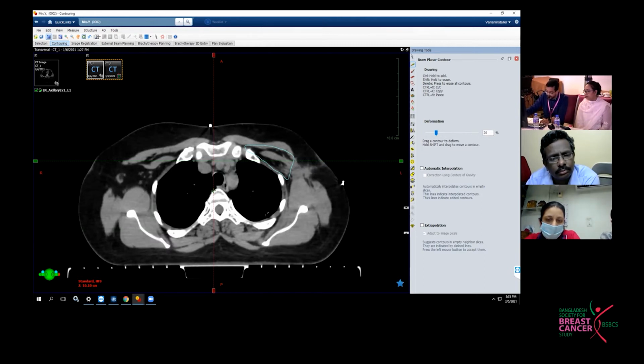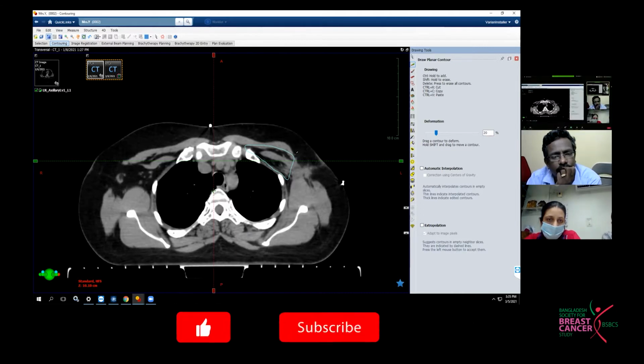Posterior border will be the anterior surface of the subscapularis muscle, here. Lateral border is the medial border of the latissimus dorsi, and the medial border will be the lateral border of the pectoralis minor. So I'm going to draw level 1.